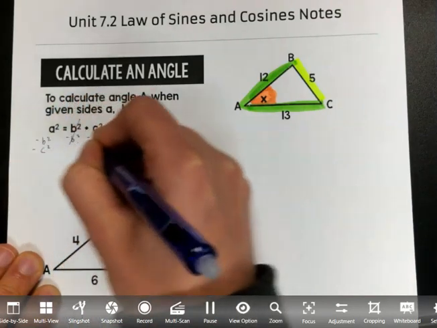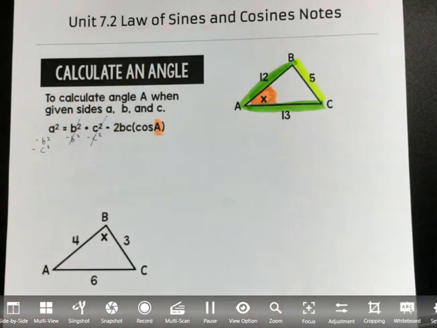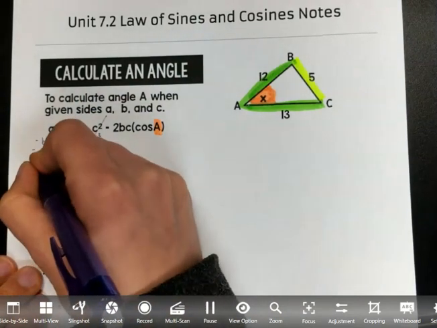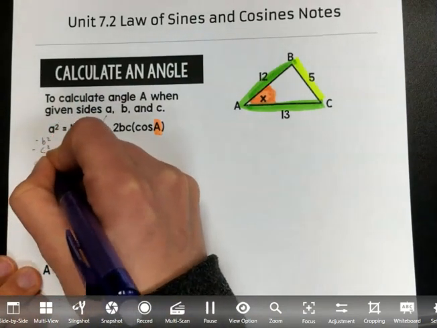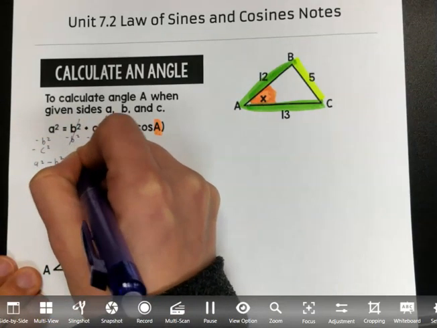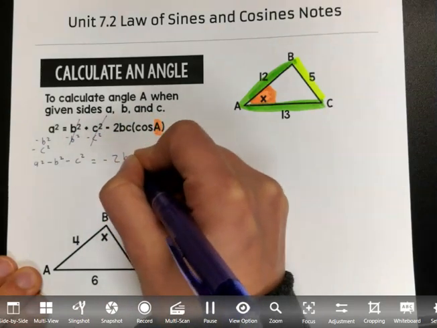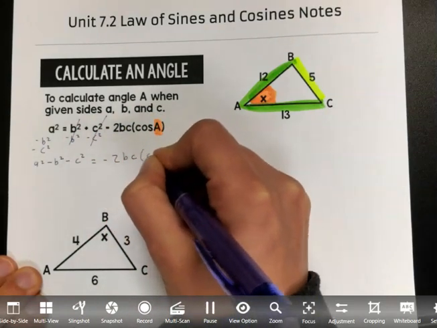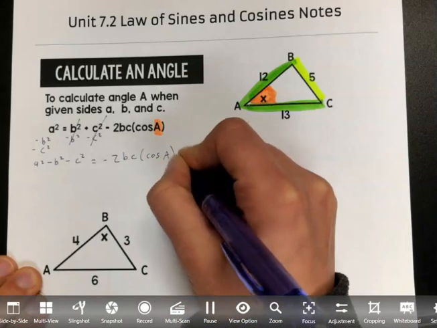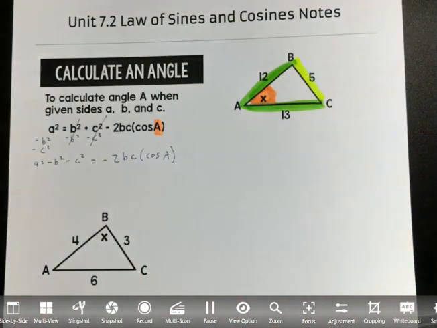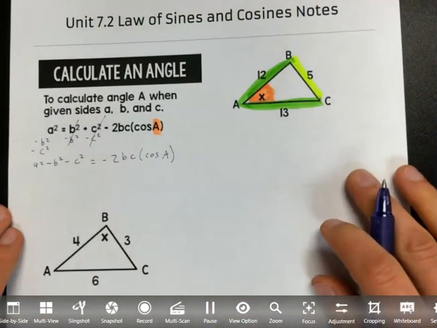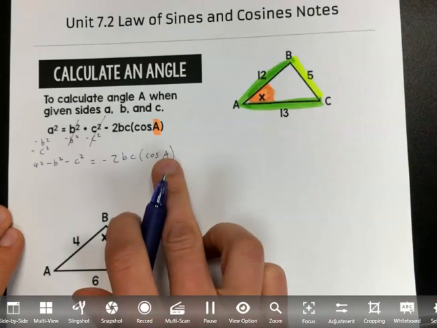So subtract c squared from both sides. That gets rid of c squared. So now let me rewrite this a little bit. I get a squared minus b squared minus c squared is equal to negative 2bc cosine A.